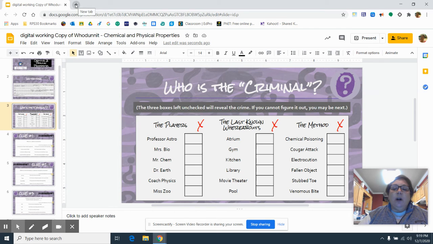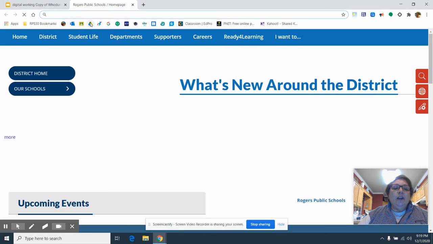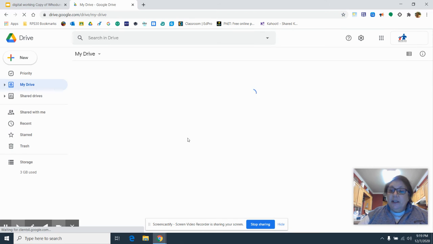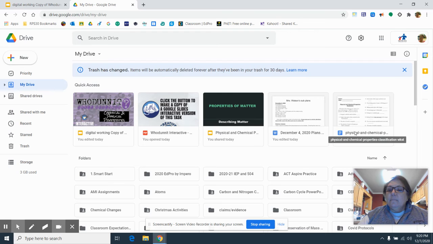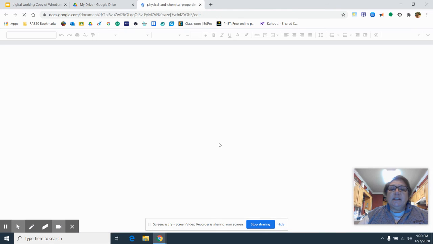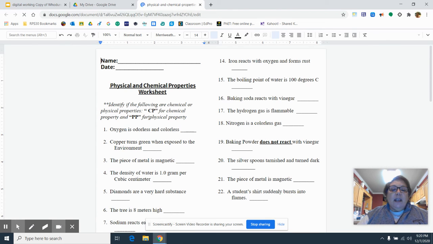Okay, when you are done with that, we are going to have another worksheet that looks like this. You're going to have to read it, and if this is a physical property, you are going to type in physical property. All the way through here, there are 22.